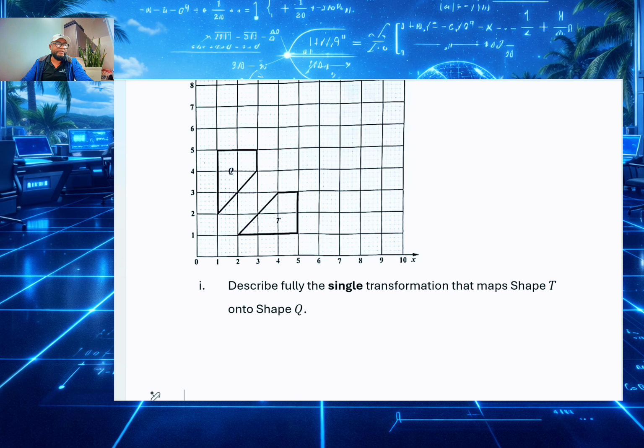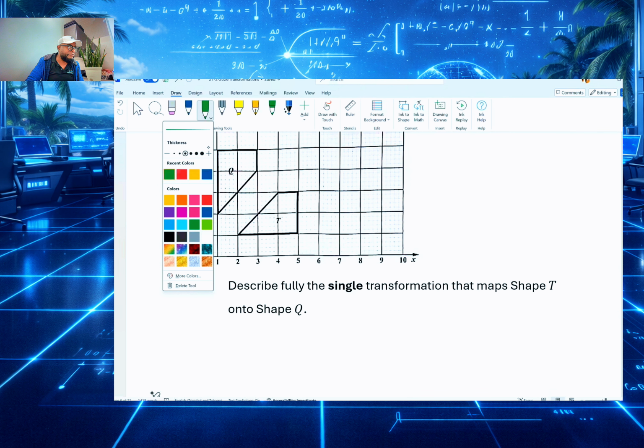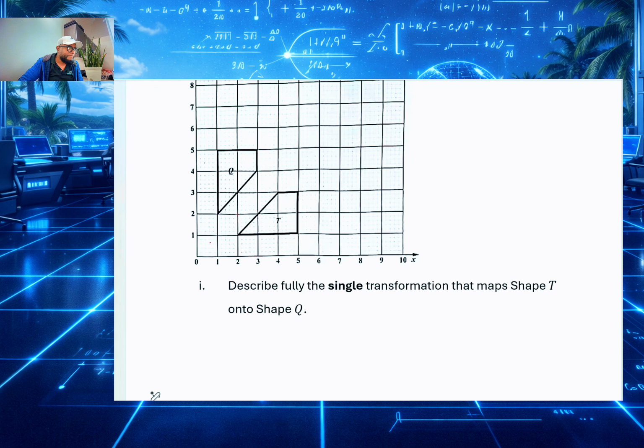So if you look carefully, it looks like a flip, but some of you might be able to gauge where it is flipping, right? There is a line that we call y is equal to x. That line is going to be right in the middle here. This line here is actually the line y is equal to x.